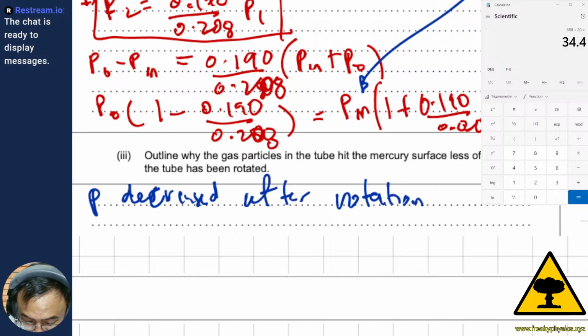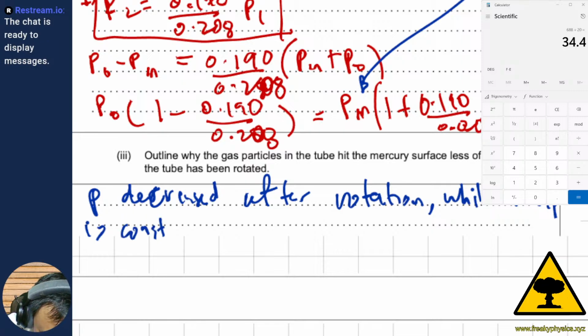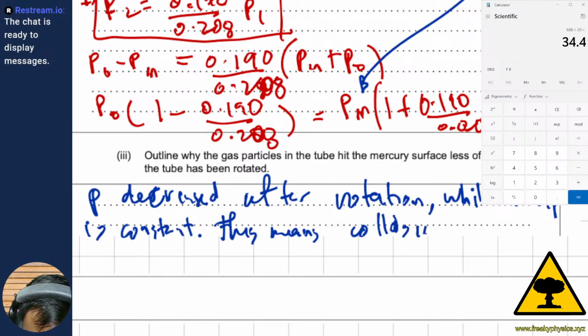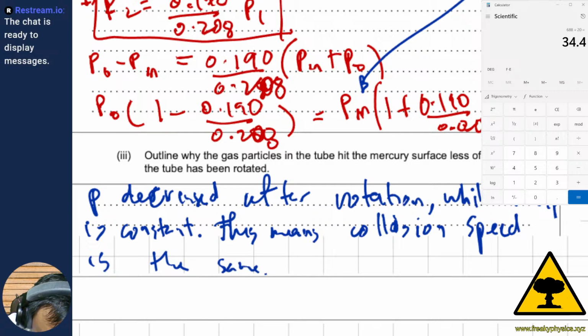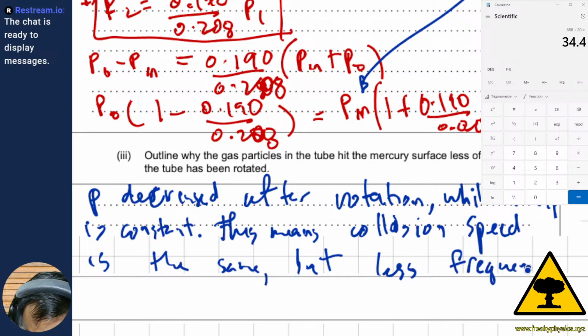And because the pressure decreased after rotation, while the temperature is constant, this means collision speed is still the same, but less frequent collisions. Okay, that's it.